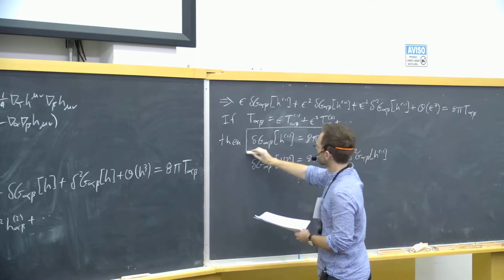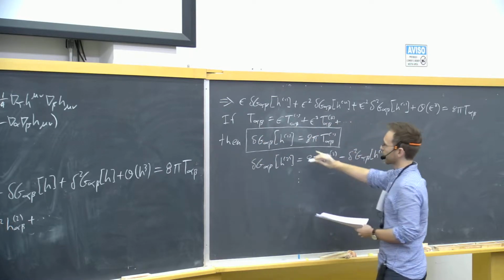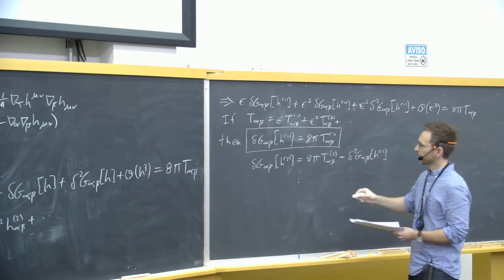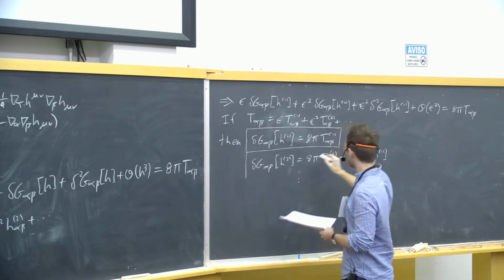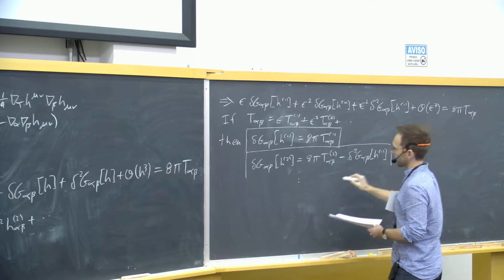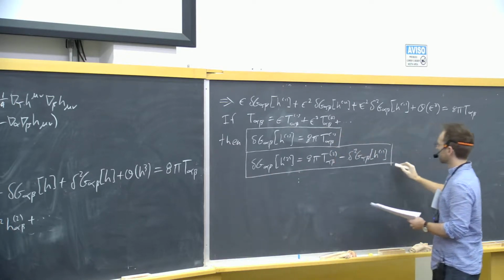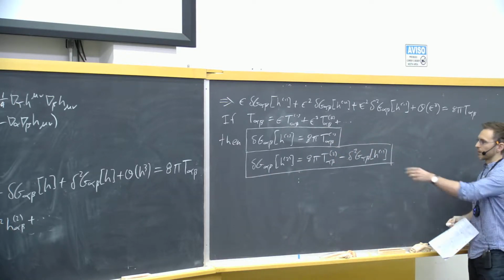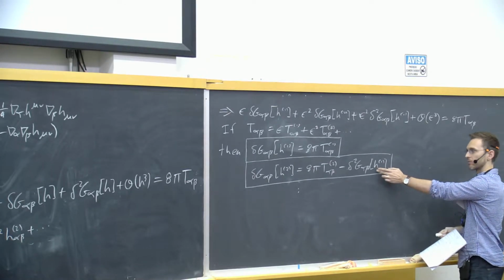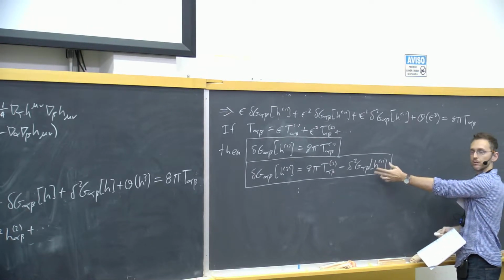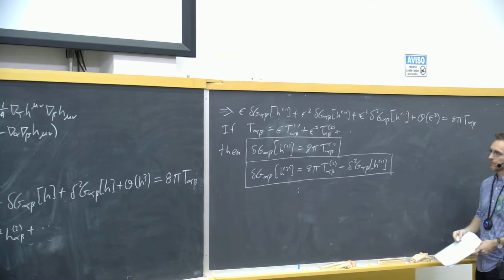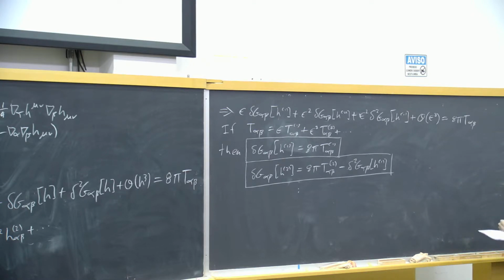So this is a linear equation for h1. And once you know h1, you have a linear equation for h2, where h1 is now operating as a source for h2. So quadratic combinations of h1 are sourcing the second order field.